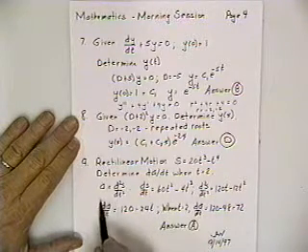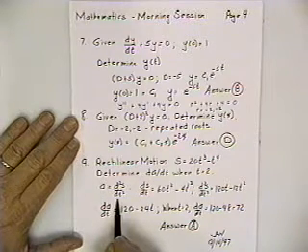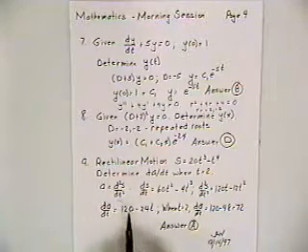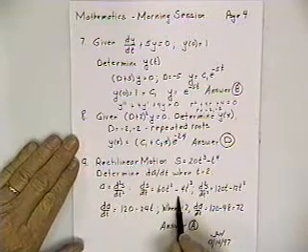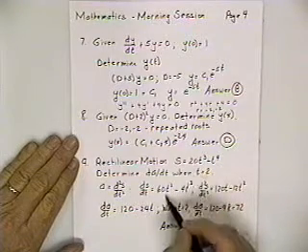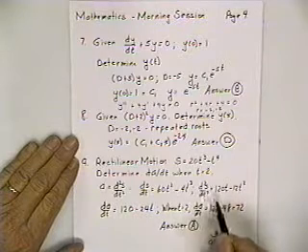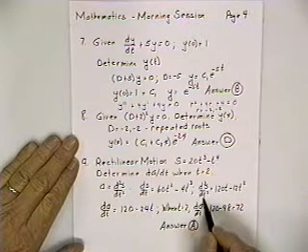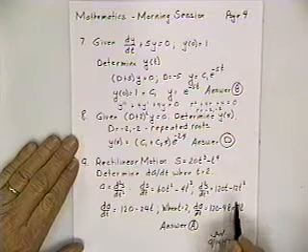Acceleration itself is the second derivative. So we have to differentiate once to get ds/dt, and that's 60 t squared minus 4 t cubed. The second derivative is 120t minus 12 t squared.